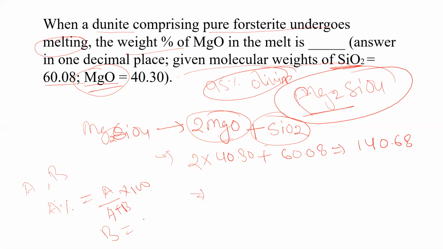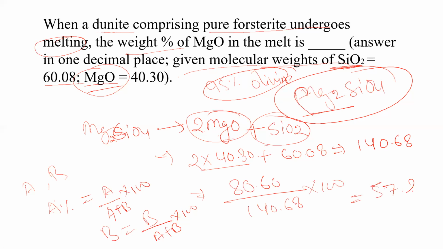For B, it will always be B by A plus B into 100. In the similar way here, for MgO it is 80.60 divided by the whole, 140.68, multiplied by 100, which comes as 57.2 or something weight percentage.